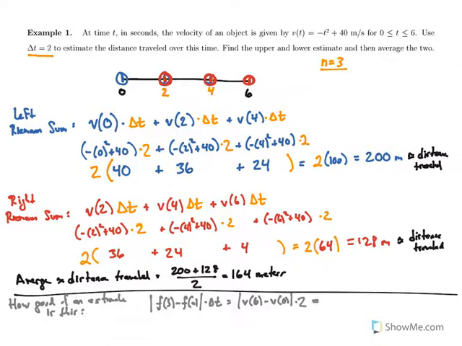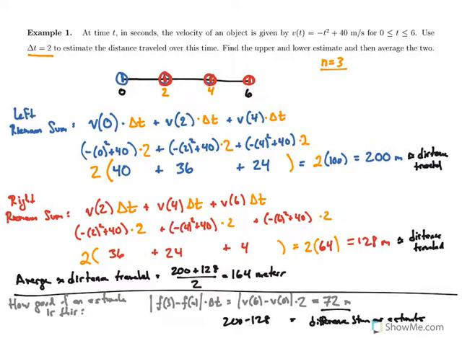And that's going to give us a total of 72 meters. That's the difference between our estimates. Note that we could have done that by just saying 200 minus 128. We already did all the work, but we could have done that at the very beginning. And that gives us an idea of exactly how good of an estimate we would have.